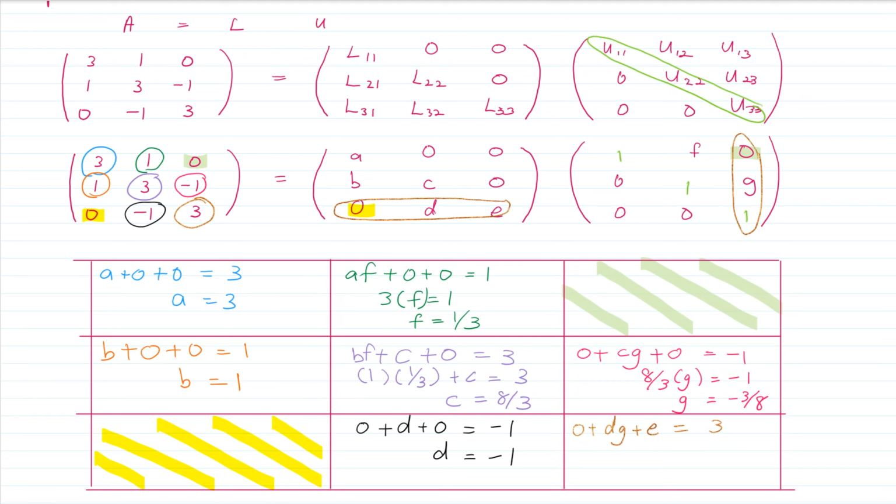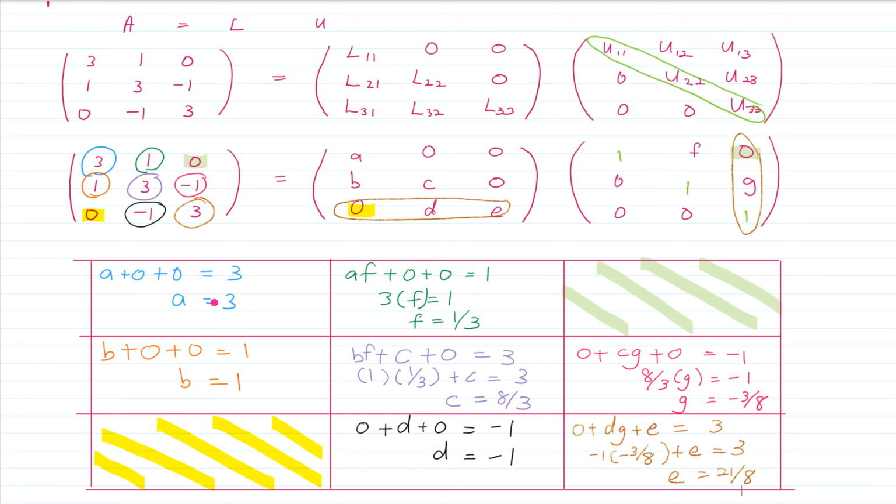So substitute the value of D. We have D here, minus 1, G on the top, minus 3 over 8, plus E equals 3. So we get E equals 21 over 8. Okay, then we already have all these values.